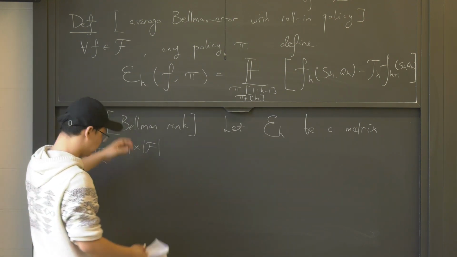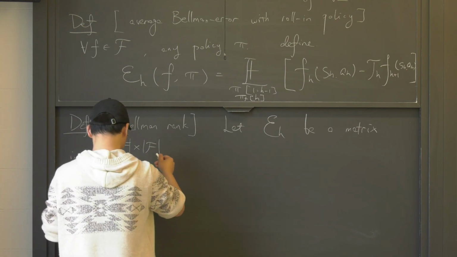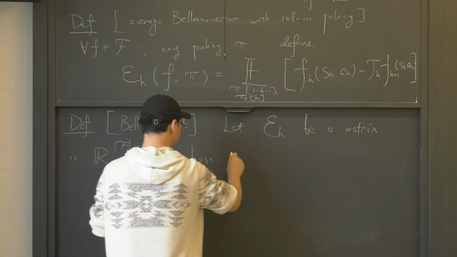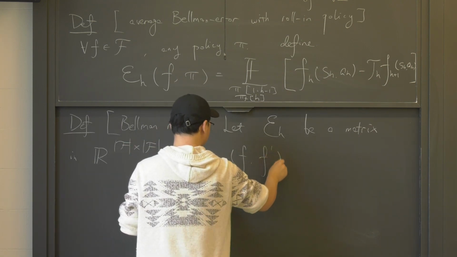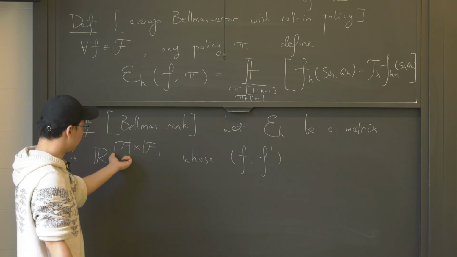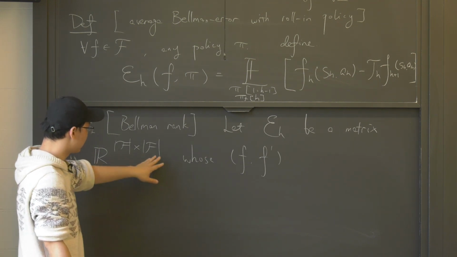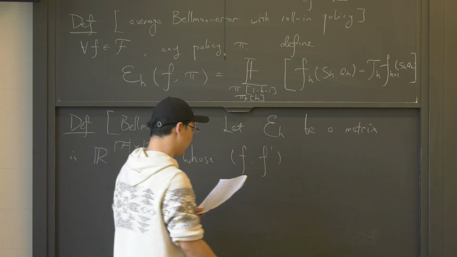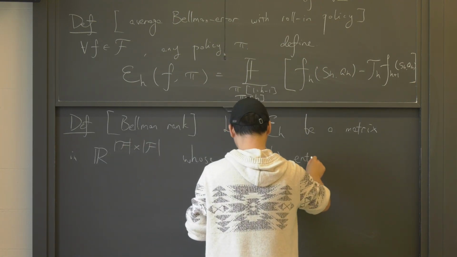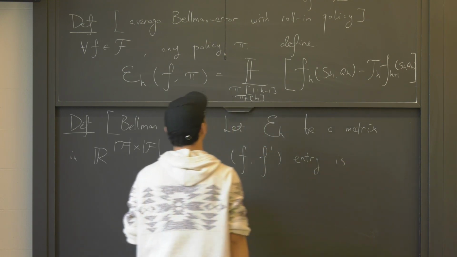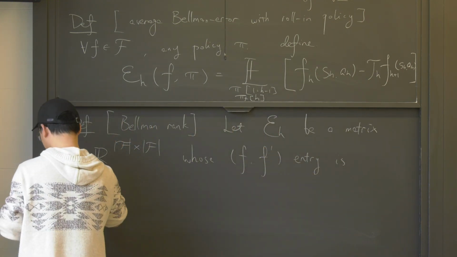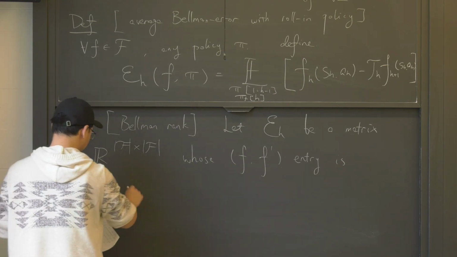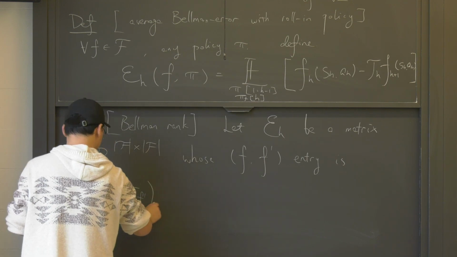In a sense, we look at the following, whose (f, f prime) entry is, so this is a matrix with cardinality of F rows and cardinality of F columns, where each entry is indexed by a function, and the (f, f prime) entry is just this average Bellman error evaluated on the value function f with roll-in policy pi_{f prime}.